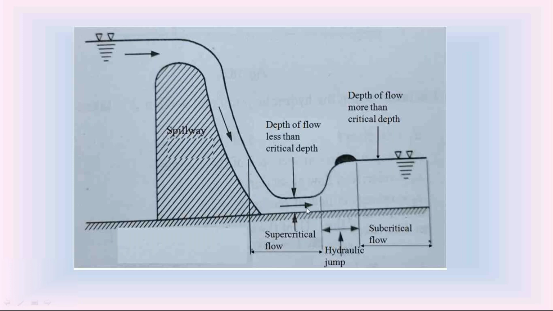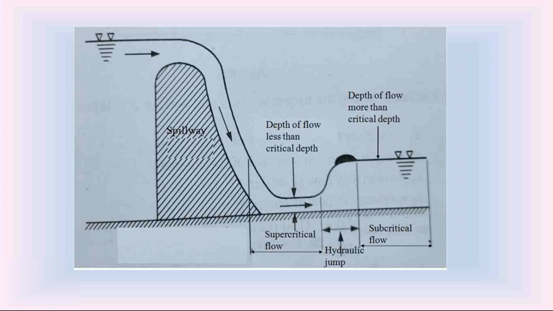So at the bottom of the spillway, the water flow over a short length is changing from supercritical condition to subcritical condition. So check this diagram, everyone. At the bottom of the spillway, over a short length of travel, the water is flowing in the open channel river. Over this short length of travel, the condition of water flow changes from supercritical to subcritical.